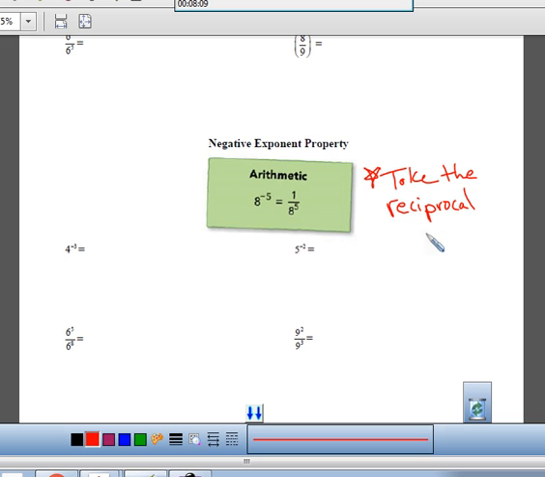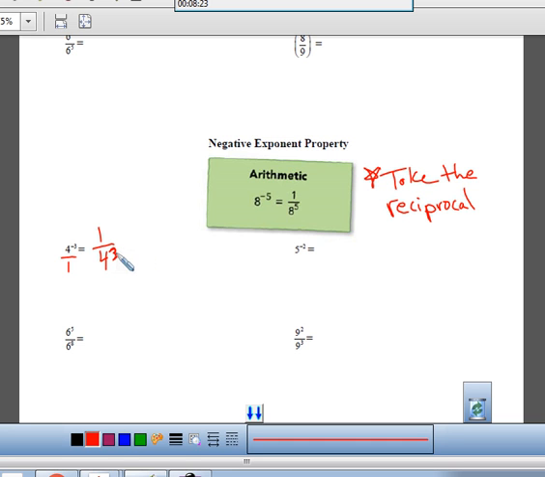Take the reciprocal, and that will make it positive. Alright, so 4 to the negative 3rd power, and that's equal to 1 over 4 to the 3rd power. Now, if you're saying, how's that the reciprocal? Well, remember, this is really 4 to the negative 3 over 1. So I'm going to flip it over.